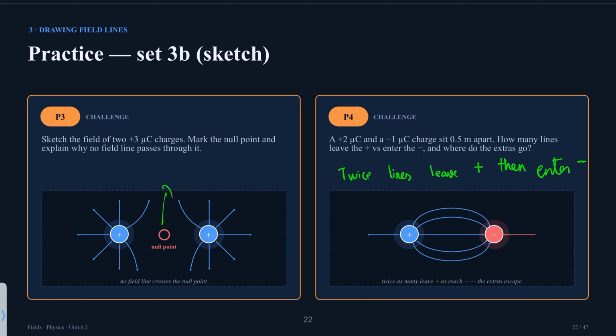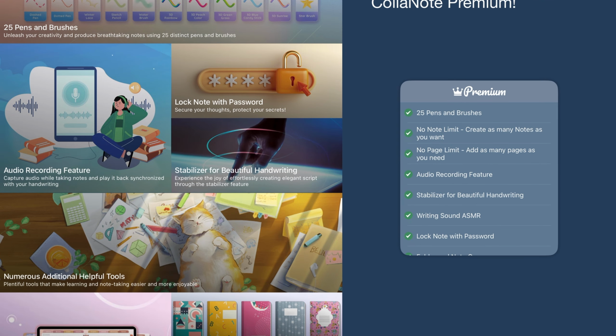And why is that? Because minus has 1 microcoulomb. So suppose if it's only 4, it's going to take in 4 lines because electrons attract lines inward. And the proton, however, because it has 2 microcoulomb, it's going to emit 8 lines. So 4 lines will go to the electron, and the other 4 lines will just do their own thing.